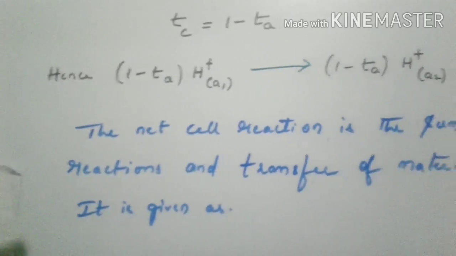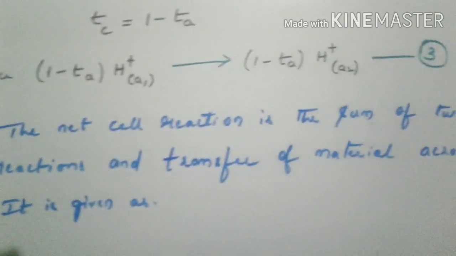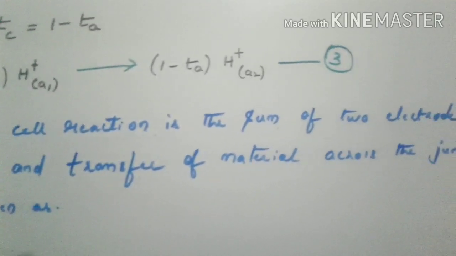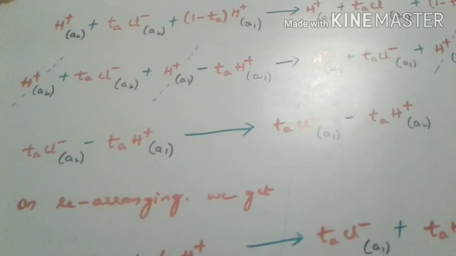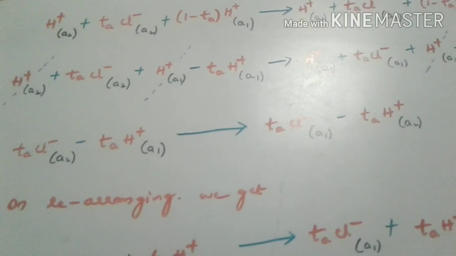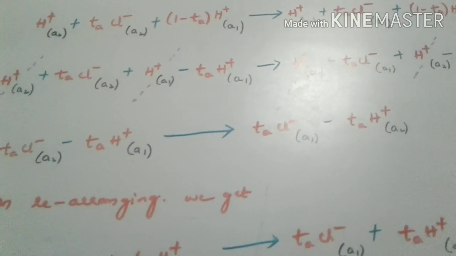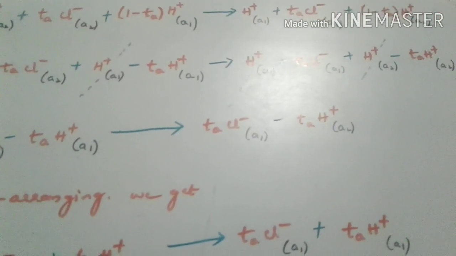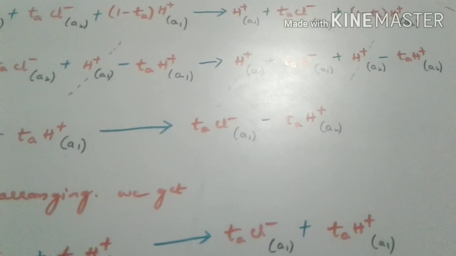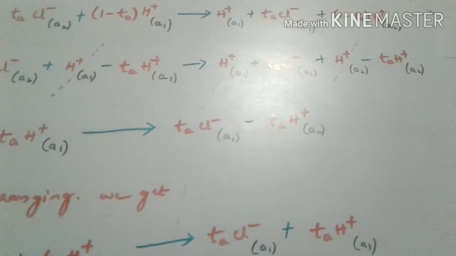The net cell reaction is the sum of the two electrode reactions and the transfer of material across the junction. It is given as H plus of activity A2 plus Ta Cl minus of activity A2 plus (1 minus Ta) H plus A1 gives rise to H plus A1 plus Ta Cl minus A1 plus (1 minus Ta) H plus A2.